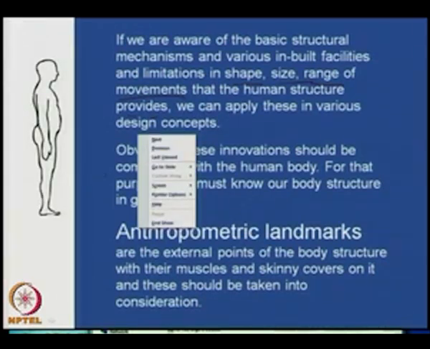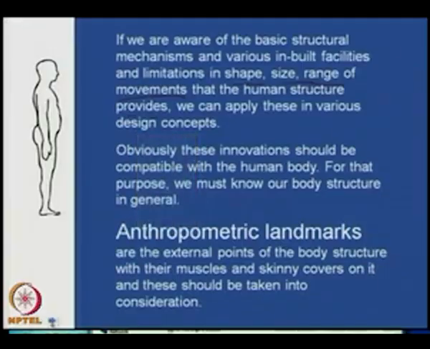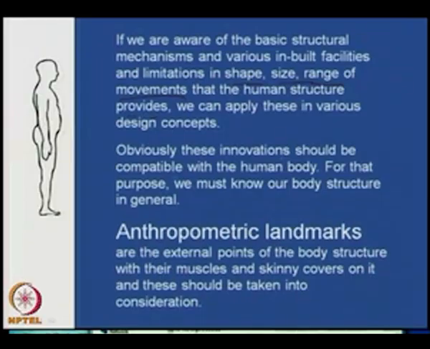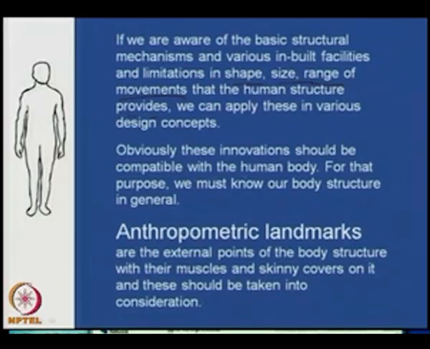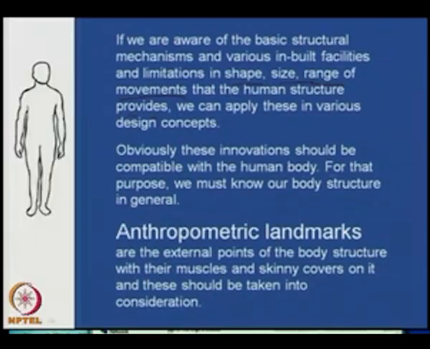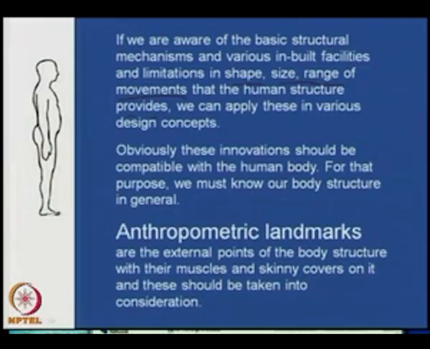Obviously, these innovations should be compatible with the human body. For that purpose, we must know our body structure in general.